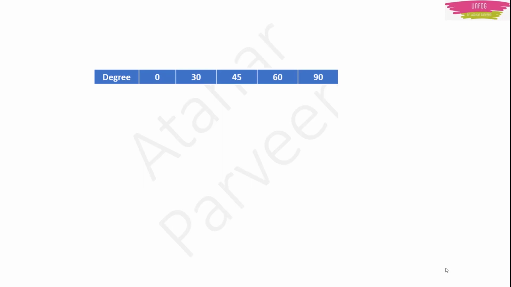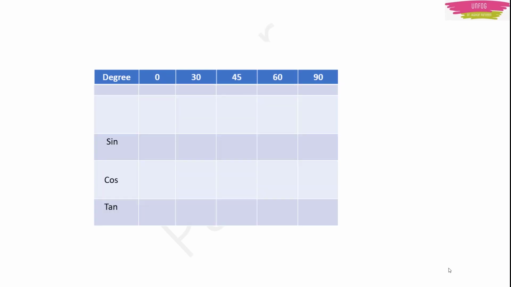I am showing you a trick to remember all the values because this is very, very important. Compulsorily one question will come from this table. Means you can answer that question if you know this table. So I am giving you a trick to remember. See this table. Here you have to write like this. The way I have written here, like that only you should write: 0, 30, 45, 60 and 90. Other values we don't need to remember. We don't want to learn those values by heart.